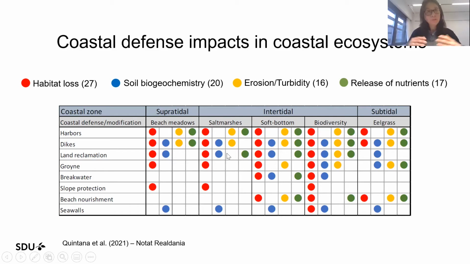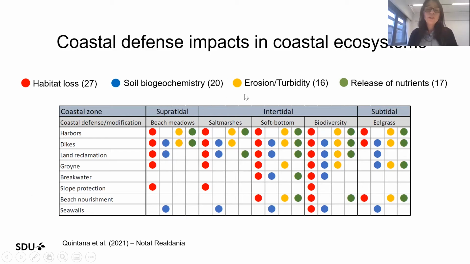So the nutrients are not being taken up by this vegetation and are released in the coastal areas. It can also be a short-term effect during the building of these coastal defenses, which can have some consequences, right? So there's the short-term and the long-term effects.